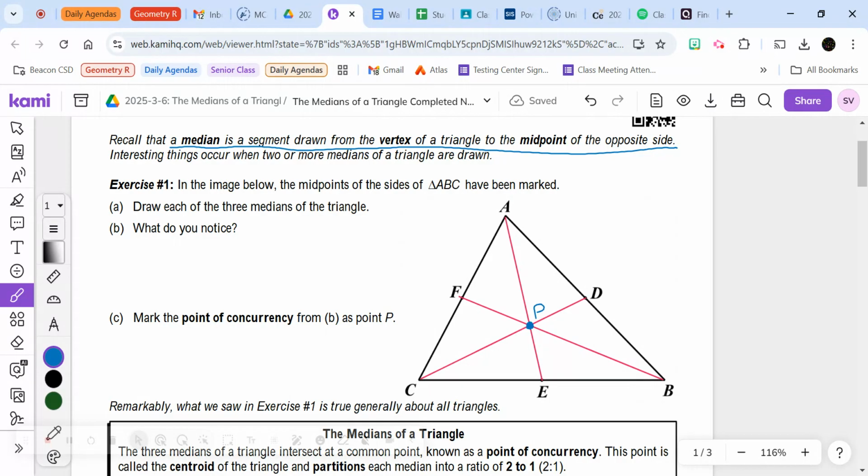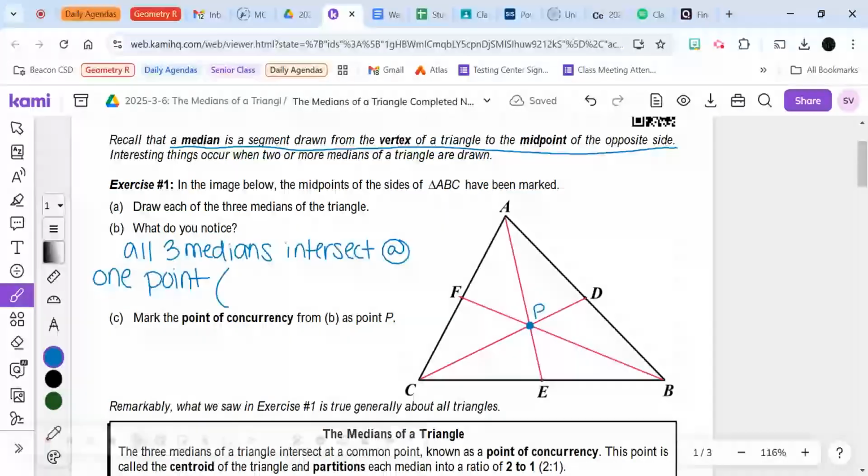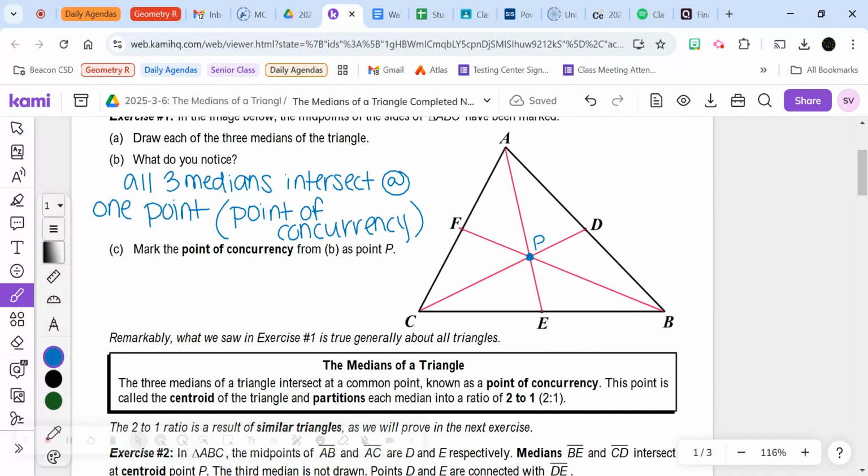We're going to write there that all 3 medians intersect at one point, which is the point of concurrency. Okay, so that's what we notice. So they will all 3 intersect at one singular point, known as the point of concurrency.